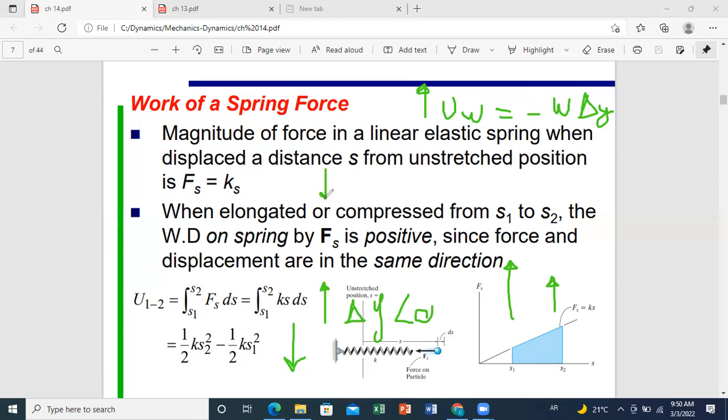If y is positive downward, the work of the weight will be just W delta Y. Because when delta Y is negative, this means I have an upward motion and the work will be negative. And when I move downward, delta Y will be positive, and then as expected, the work should give me a positive result. So here it should be plus W delta Y, while in the other convention, when you take Y positive up, the expression should be minus W delta Y.